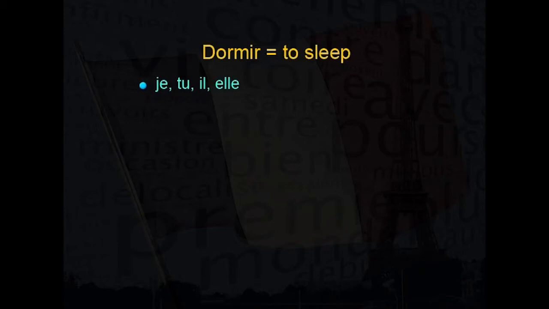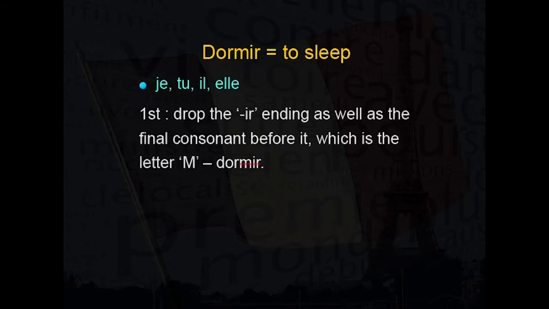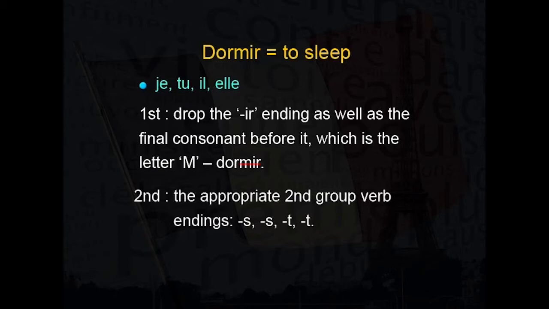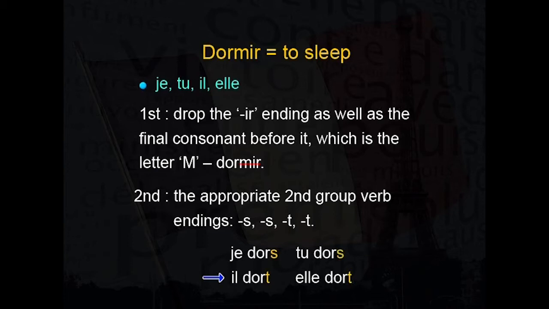So to conjugate the present tense of dormir for the je, tu, il and elle forms, we need to drop the IR ending as well as the final consonant before it, which is the letter M. So we remove MIR. What remains is DOR. Now we add the appropriate second group verb endings S, S, T and T. Here's the complete conjugation. Je dors, tu dors, il dort, elle dort.